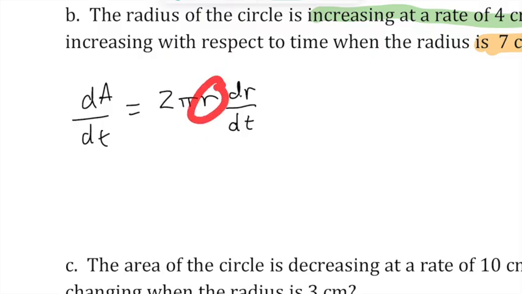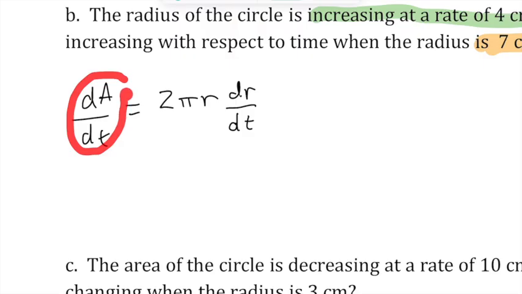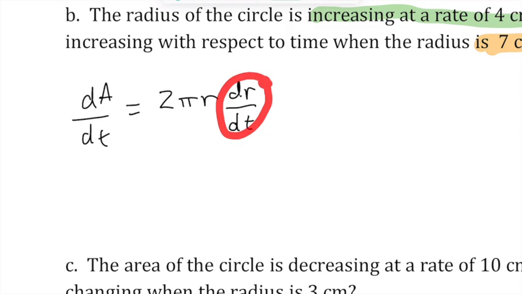There's this variable, there's this rate, and then there's this rate. This is the rate that the area is changing with respect to time, and this is the rate that the radius is changing with respect to time.